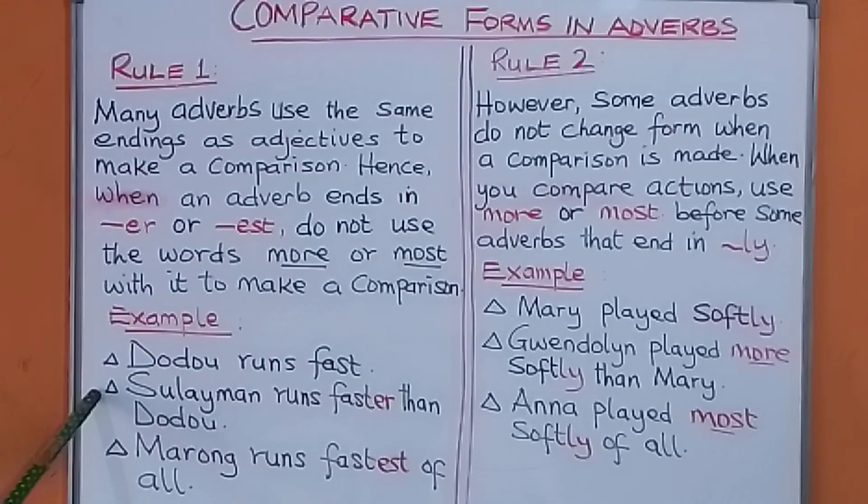In the second sentence, er is added to the word fast to show that Suleiman's way of running is being compared to Dudu. So you say Suleiman runs faster. Er is added to compare Suleiman's way of running to Dudu's own.